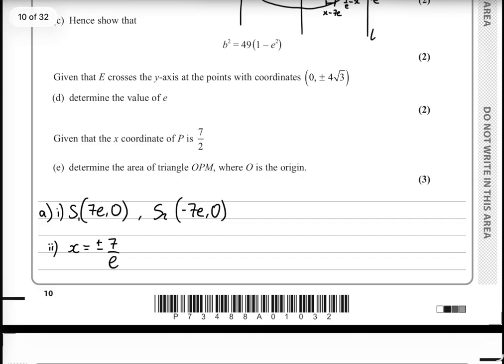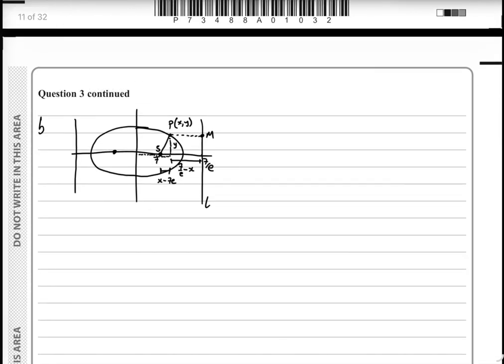So I'll take this diagram, bring it down here as part B. So PM was very easy. That's just 7 over e minus x. So PM squared is just squaring that expression: 49 over e squared minus 14x over e plus x squared.